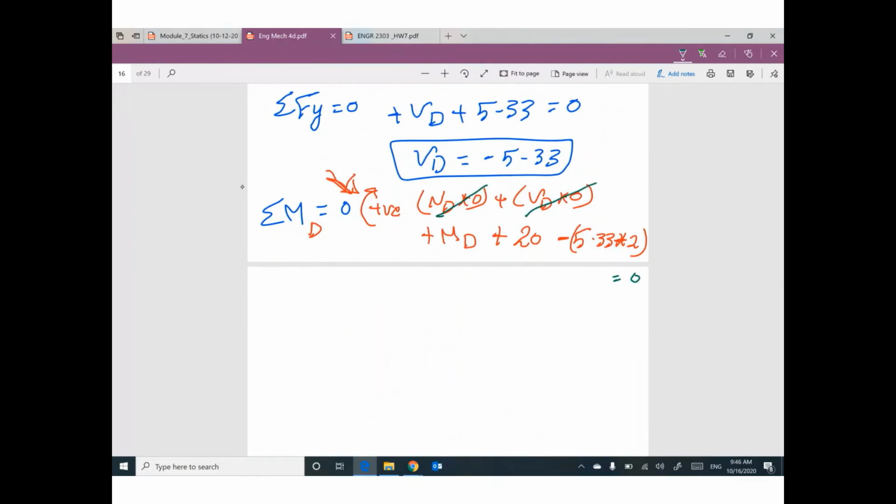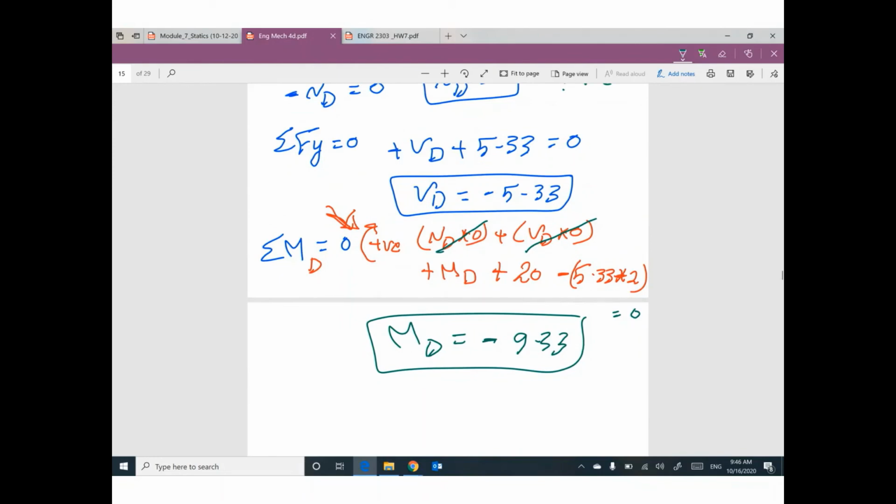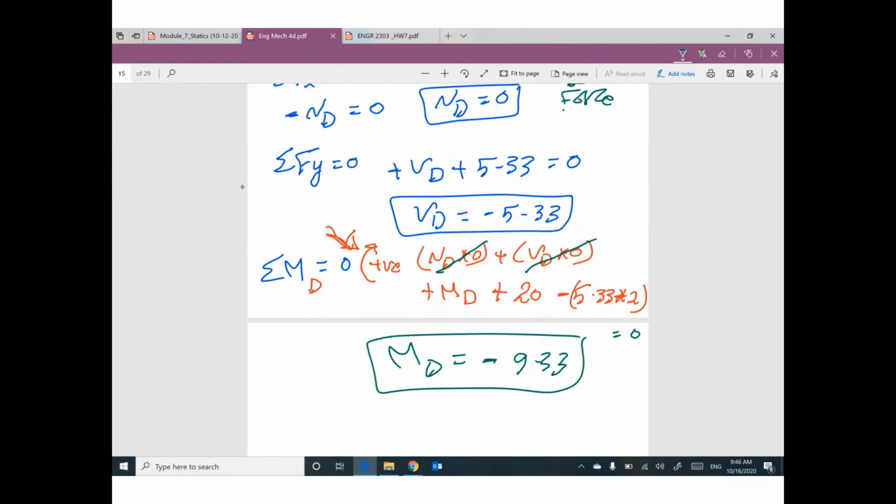I can figure out the value of MD. It will be, I think, negative. I don't care about positive or negative. 20 minus 9.33. So guys, finally, I figured out the internal forces at D: normal, shear, and moment.